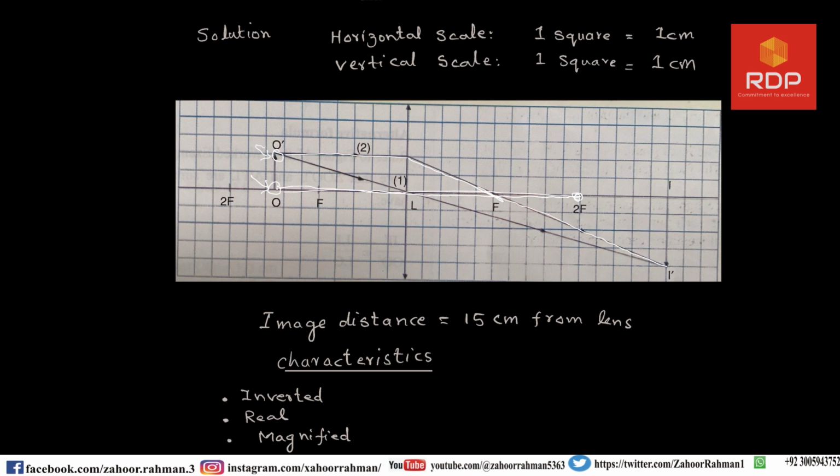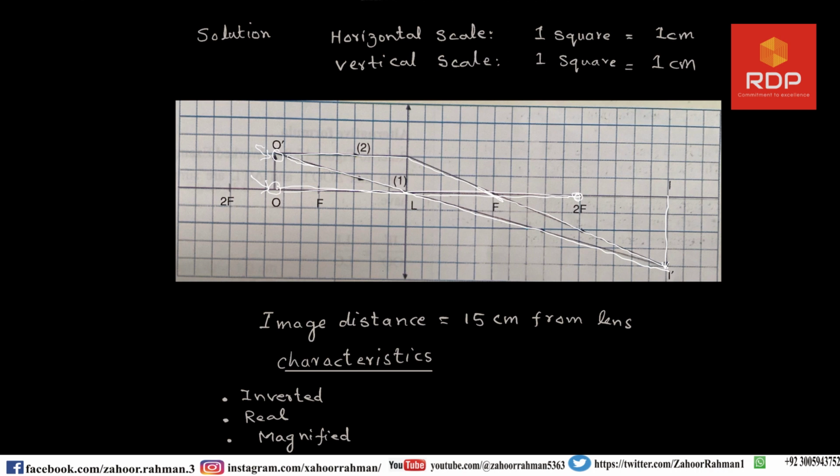Now the third thing, you have to draw a line from the head directly through the optical center, and you know that it will be undeviated. So wherever these two lines meet, you have to draw a line from here till here, and that will be the image formation of this object.